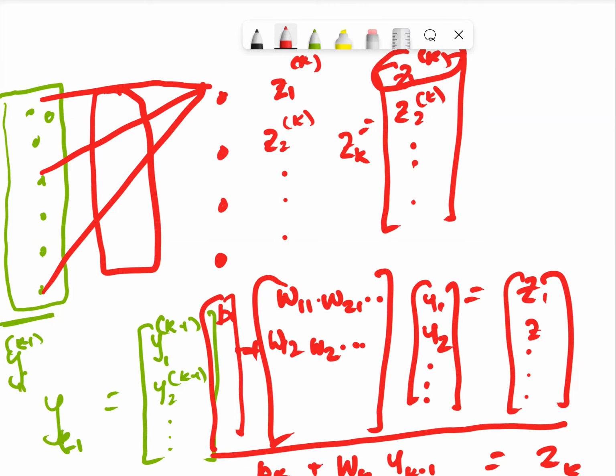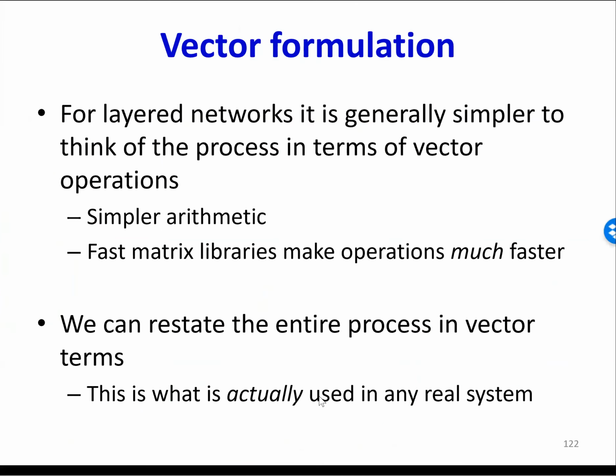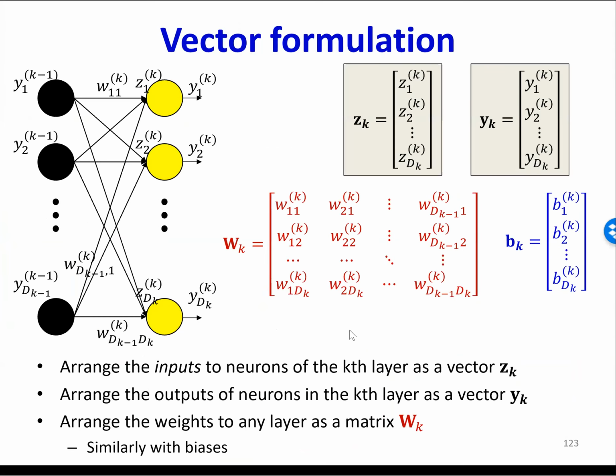And so we ended up with this very nice vector formulation, which said that we can write out all of the variables in vector format. All the weights can be arranged as a matrix where the first row of the weight matrix represents all of the weights to the first neuron at the output, the second row represents the set of weights to the second neuron, and so on.